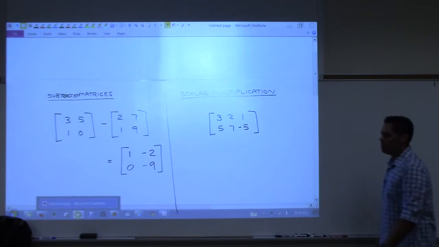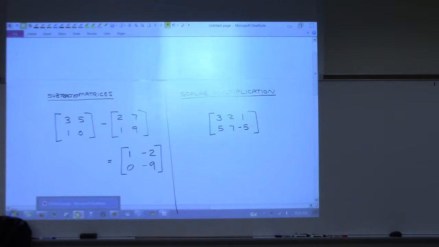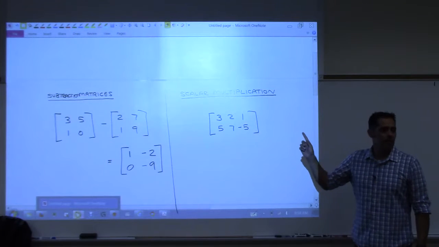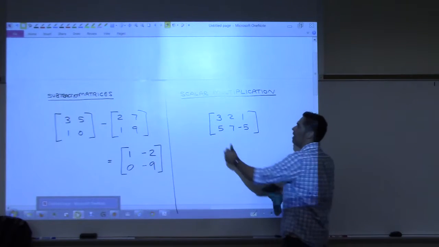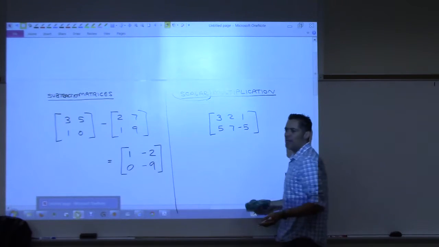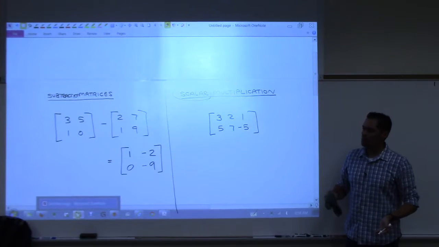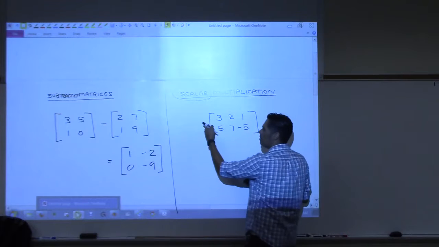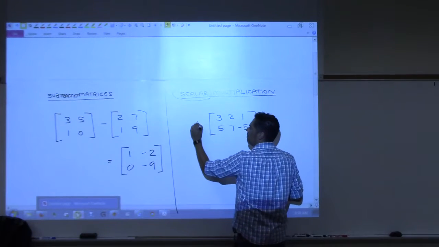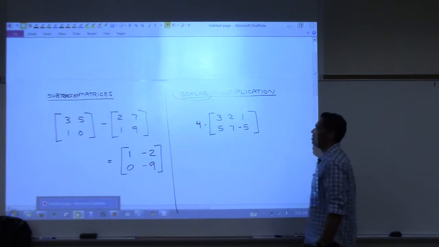I just gave you a little what by what matrix there? 2 by 3 matrix. And I want to multiply it, right? But I want to multiply it by what we call a scalar. And a scalar is just a number. So I want to scale this matrix. And all that means is I'm going to put a number out here. And I get to pick the number, so I'm going to put 4. So 4 times this matrix.